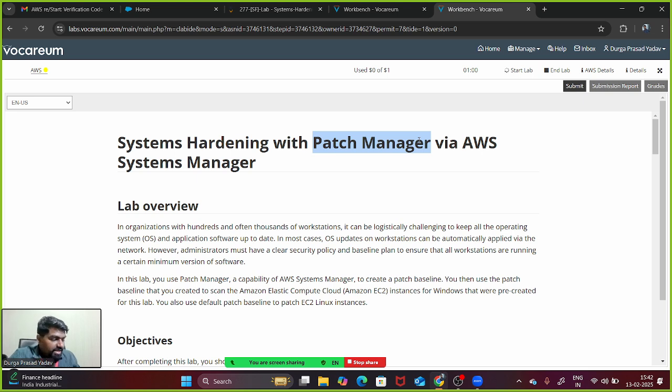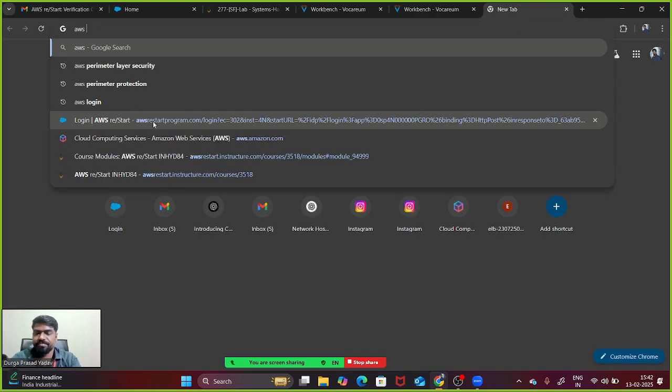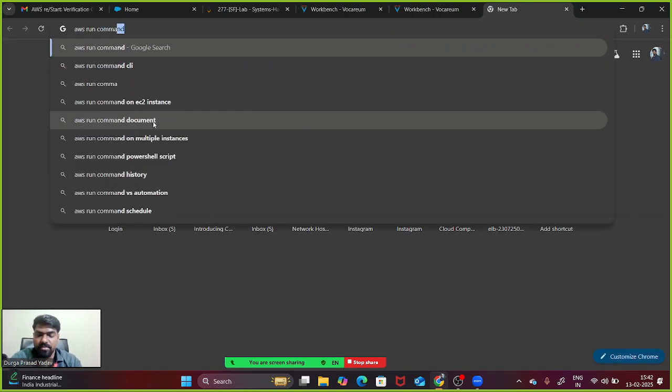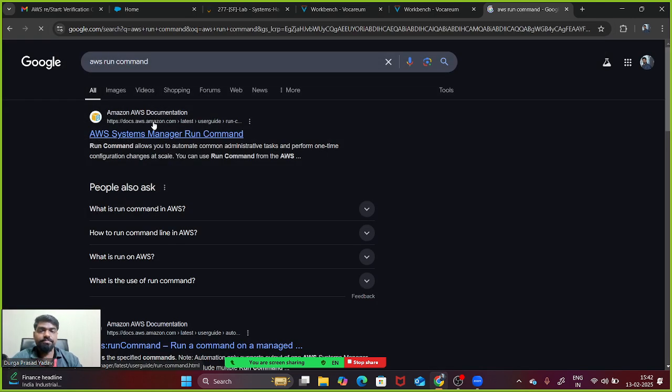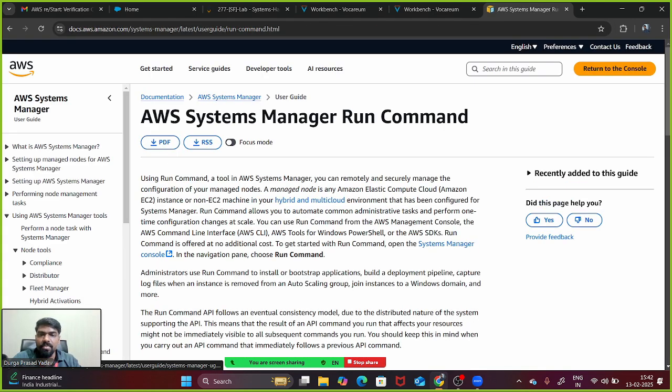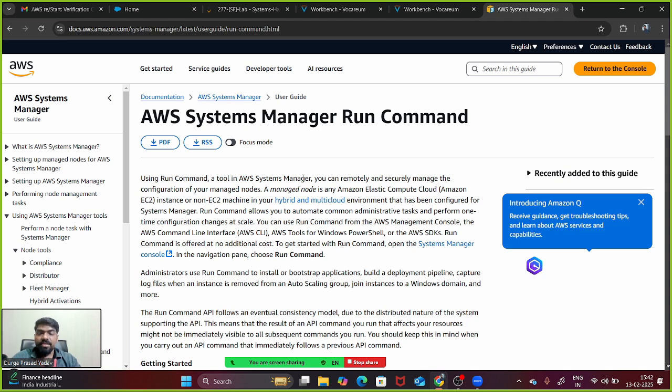See, basically what exactly is a patch? Technically, if you start learning this, your doubt will be clear. See guys, there is something called Run Command.